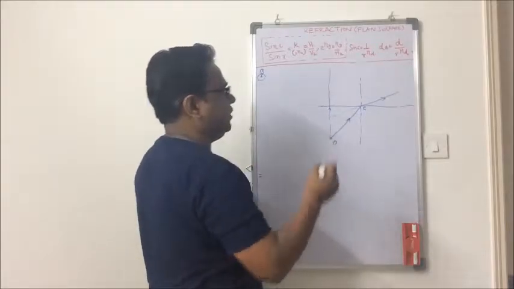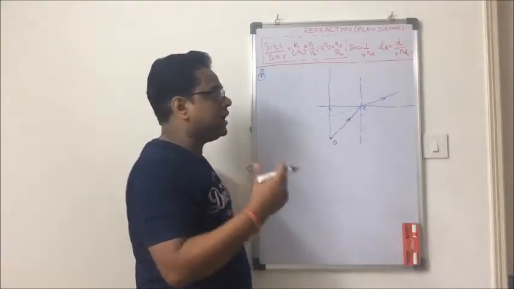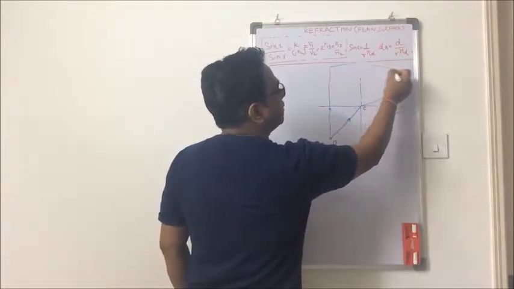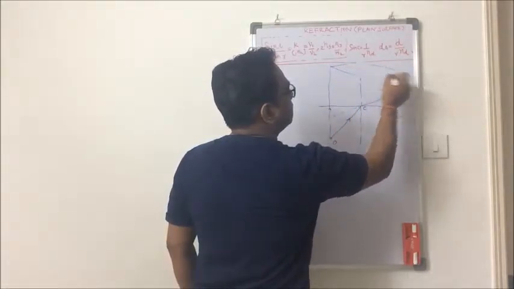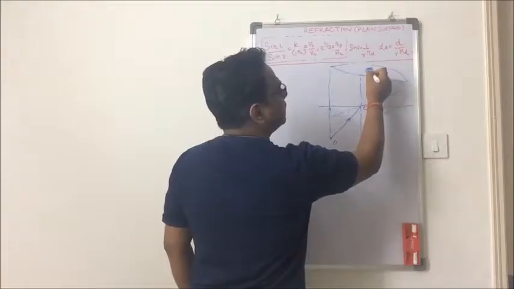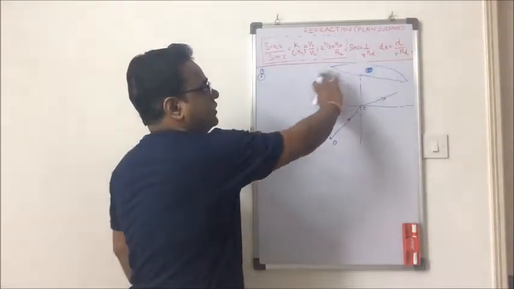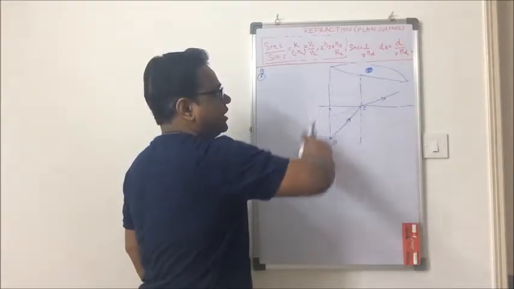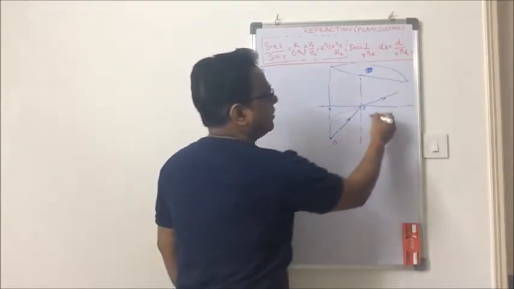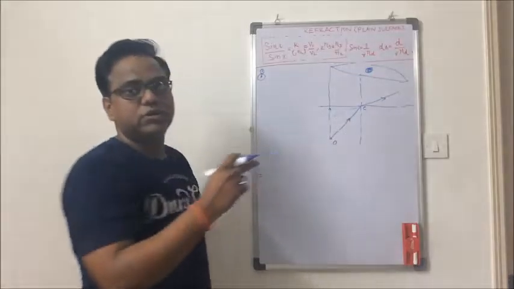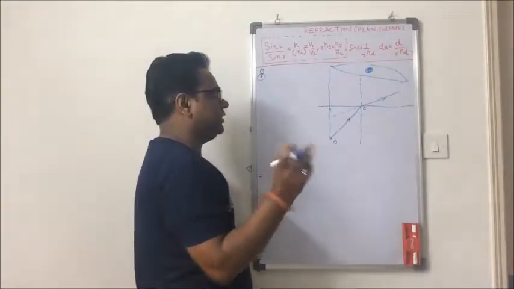Okay, and where is the viewer's eye? It is, let's say, here. This is the eye. We don't necessarily have to take this ray. I can prove the formula with another ray like this too.